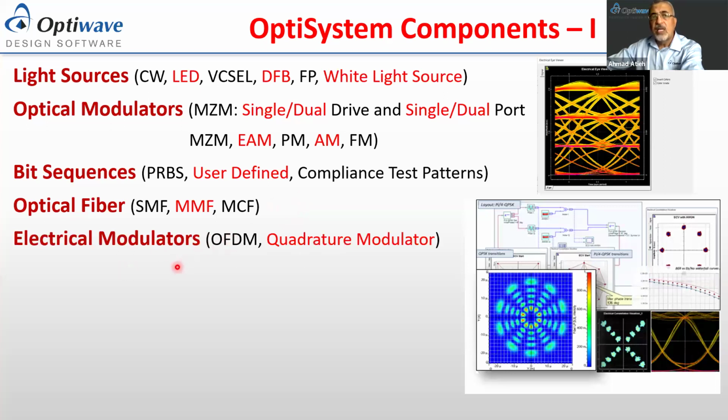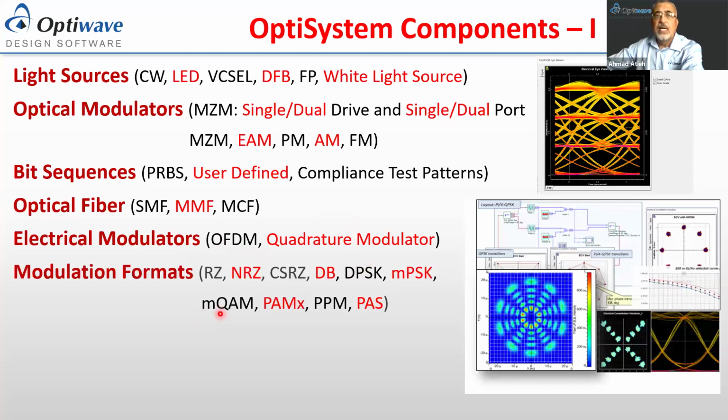We have electrical modulators, including orthogonal frequency division multiplexing modulators and quadrature modulators. In the modulation formats, we support almost every modulation scheme available in the market, from return to zero, non-return to zero, duobinary, DPSK, QAM, and PAM, including special types of PAM: PAM3, PAM5, PAM7.